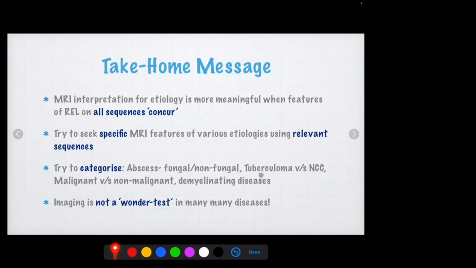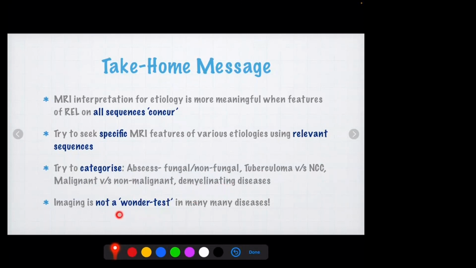TB versus NCC can generally be sorted out. Malignant versus non-malignant lesion, this is at least what we can commit. Not always which type of malignancy, difficult to say, but at least malignant or non-malignant, so that to biopsy or not can be answered. And a demyelinating lesion generally should not be difficult using the above sequences.